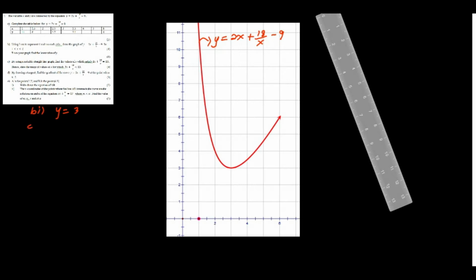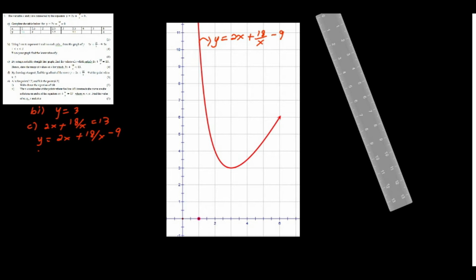For C, you need to draw a straight line to find x which satisfies 2x plus 18 over x equals 13. The function given is y equals 2x plus 18 over x minus 9.